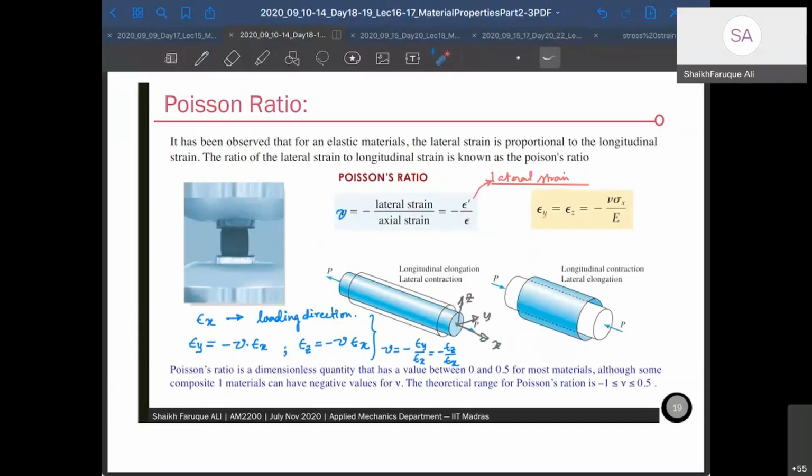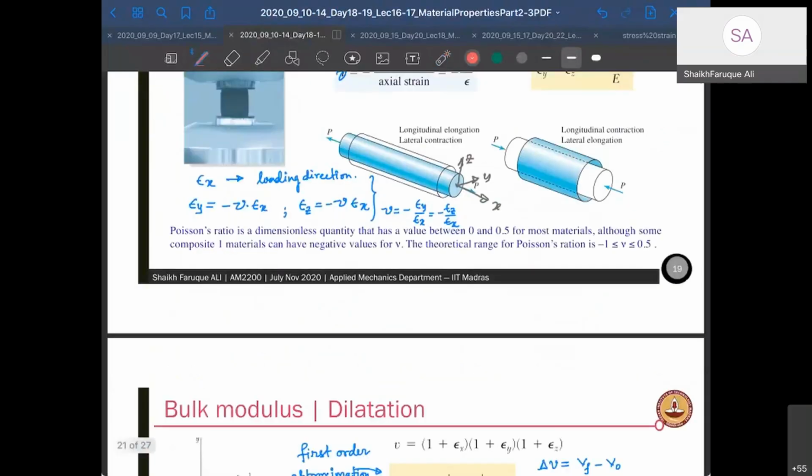Okay. So let's say I have a material and I gave a load P here in this direction. If I cut it out, my sigma x will be P by A, right? And therefore my epsilon x is sigma x by E. Now nu, not gamma, nu is equal to minus epsilon y by epsilon x.